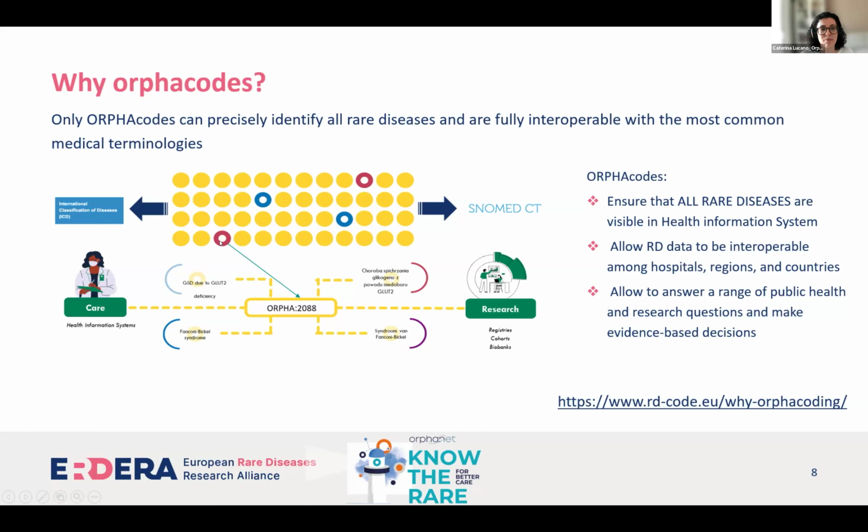Even if you have rare patients, the ones in red or in blue, and even if you have a specific code in the ICD or SNOMED for that precise disease, you can never pull out which ones are specifically affected by rare diseases. While by using ORPHA codes, basically you can be interoperable between health information systems and research settings like registries, cohorts, and biobanks.